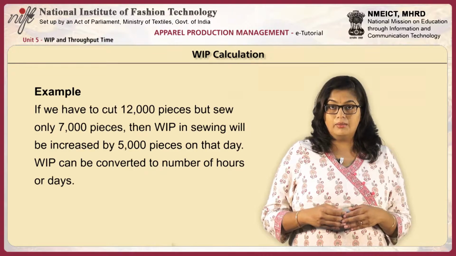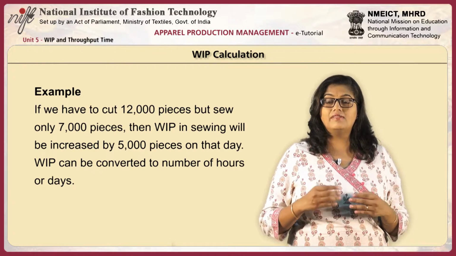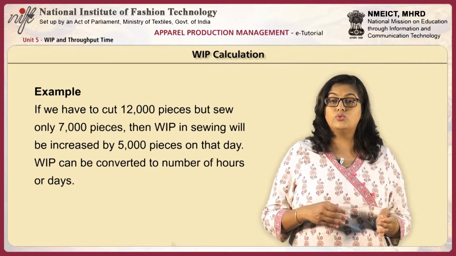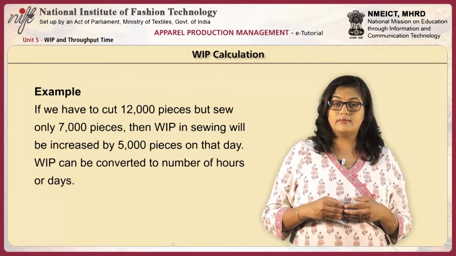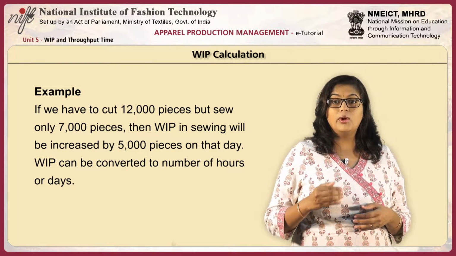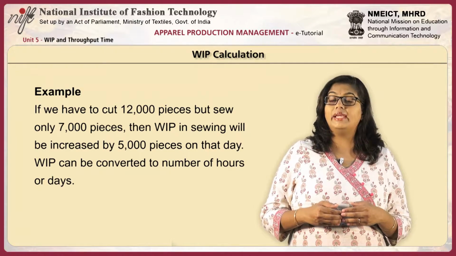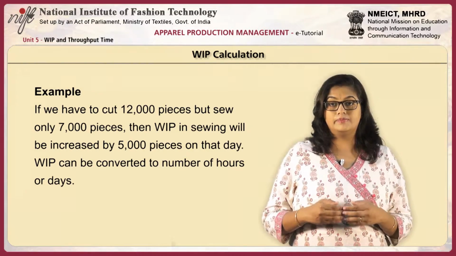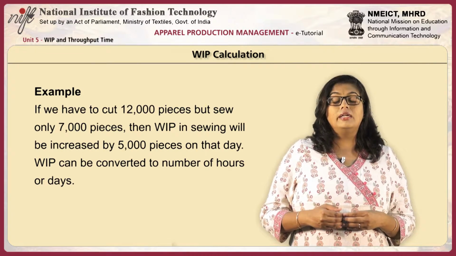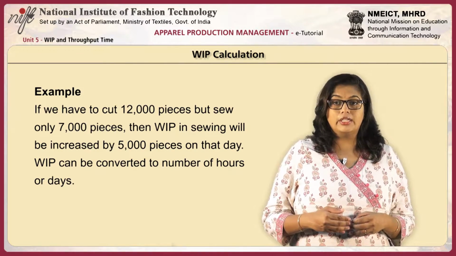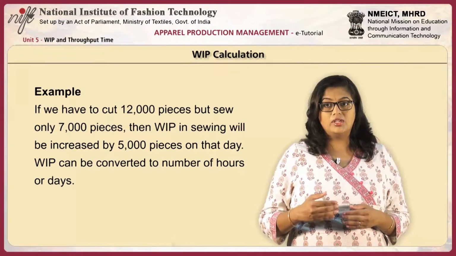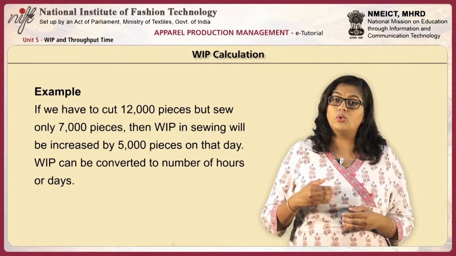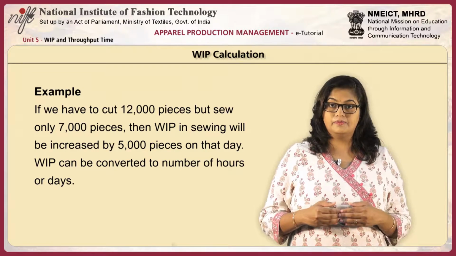For example, if we have to cut 12,000 pieces but sew only 7,000 pieces, then WIP in sewing will be increased by 5,000 pieces on that day. WIP can be converted to number of hours or to number of days pertaining to how we follow our system.